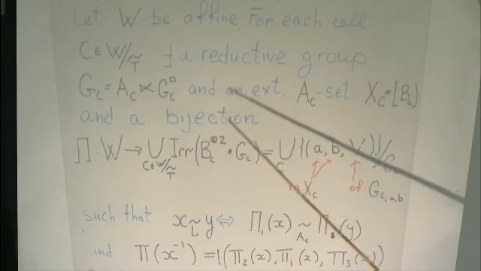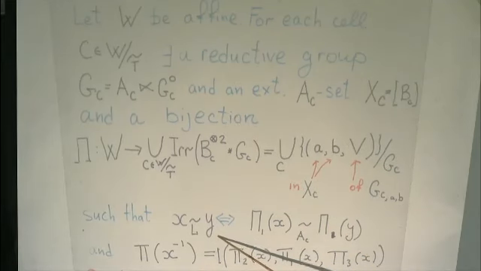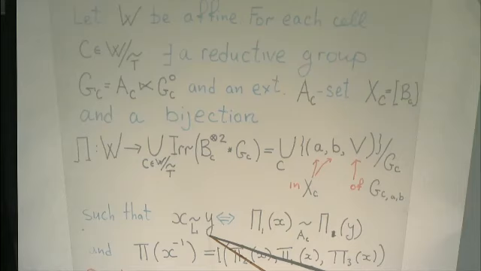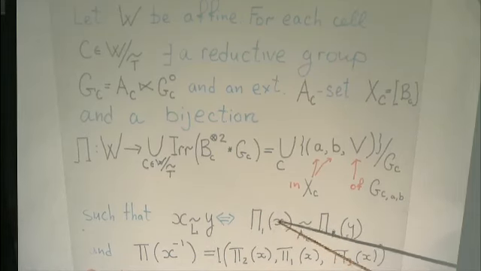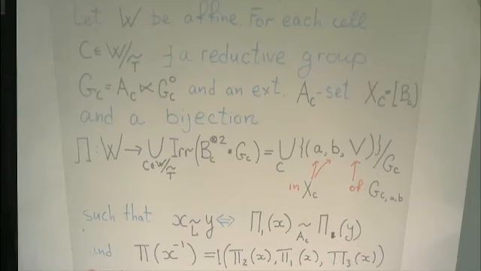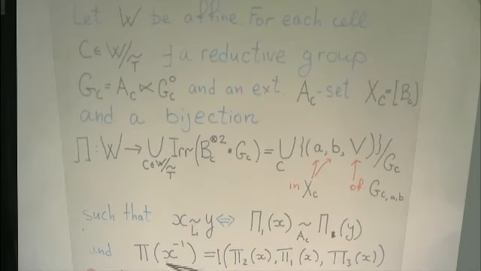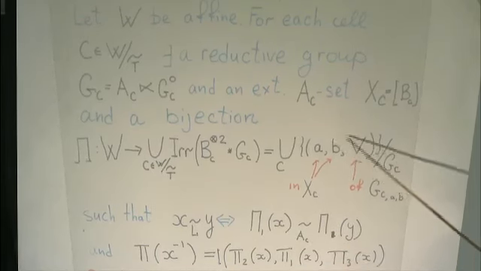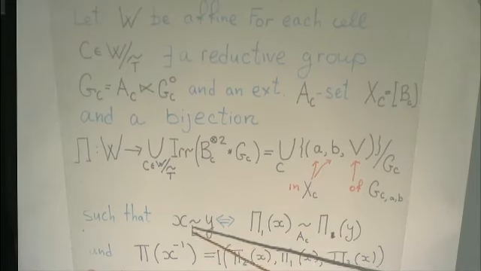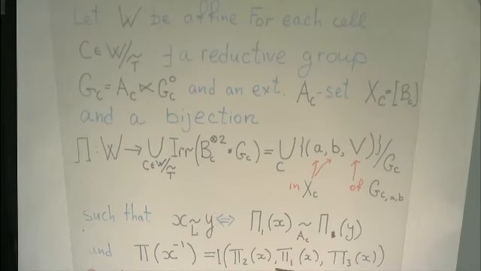And the important thing is that X and Y are left equivalent if and only if pi 1 of X is equal to pi 1 of Y. It's in the same orbit. And because of this, that the inverse will correspond to swapping these two A and B, you can say that X and Y are right equivalent if and only if pi 2 of X is equivalent to pi 2 of Y.